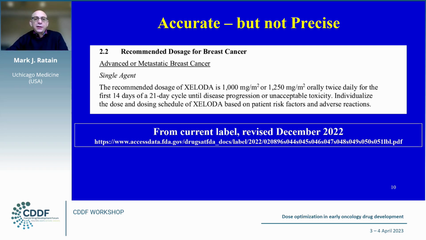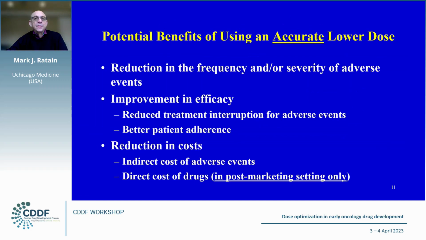And unfortunately, we have sacrificed accuracy in the search for precision. So the potential benefits of using an accurate lower dose are reduction in the frequency and/or severity of adverse events, improvement in efficacy, reduced treatment interruption due to adverse events, better patient adherence, not to mention reduction in cost.